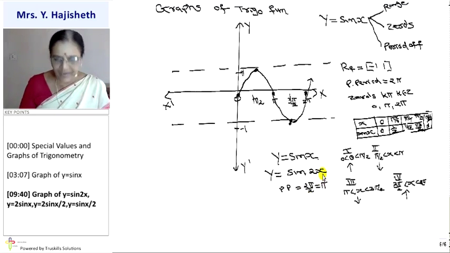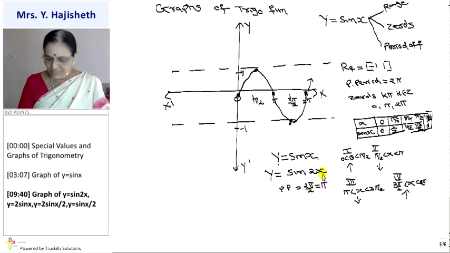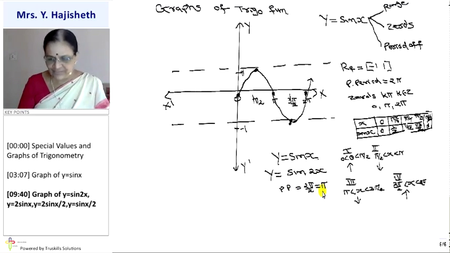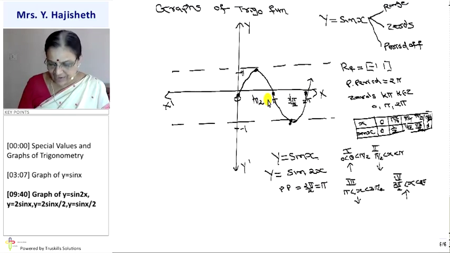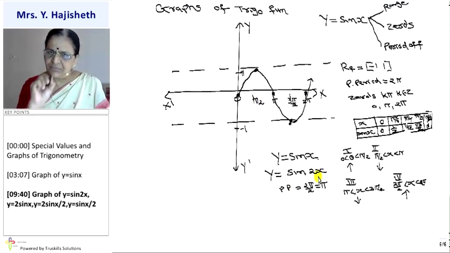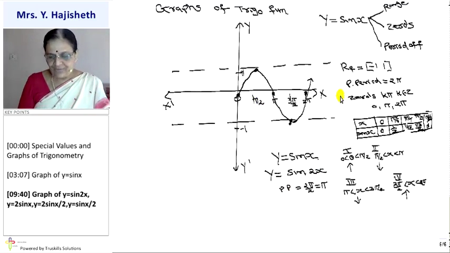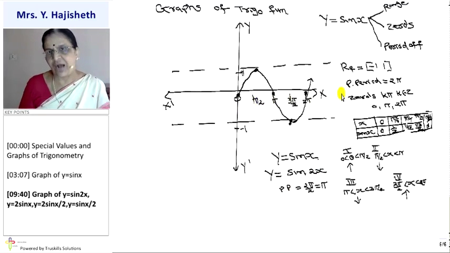My range will remain -1 to 1, but my period is changing. Sin 2x principal period is pi. So the same graph is going to become the graph of y is sin 2x just by making a small change. In the domain, I should make the value half.